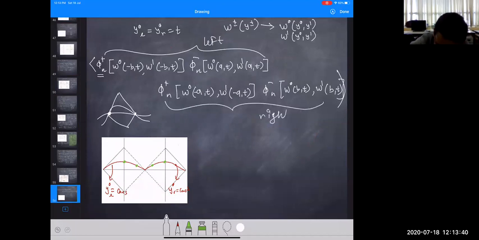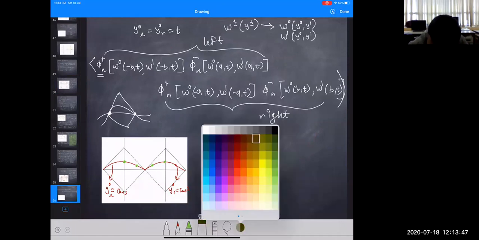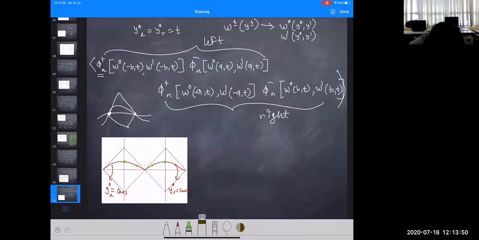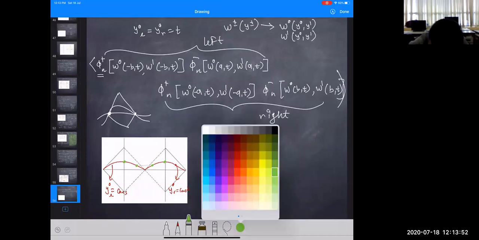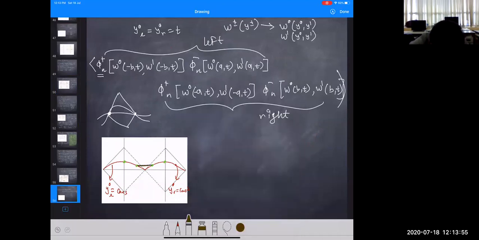The distance between these two points in the w coordinates is increasing as e to the power t, where t is the Rindler time coordinate. Basically this length goes as e to the power t.